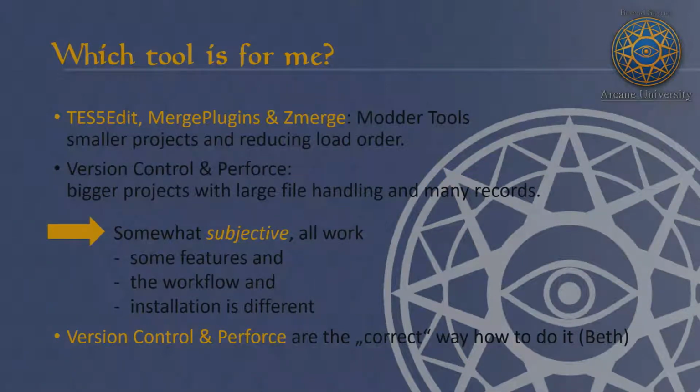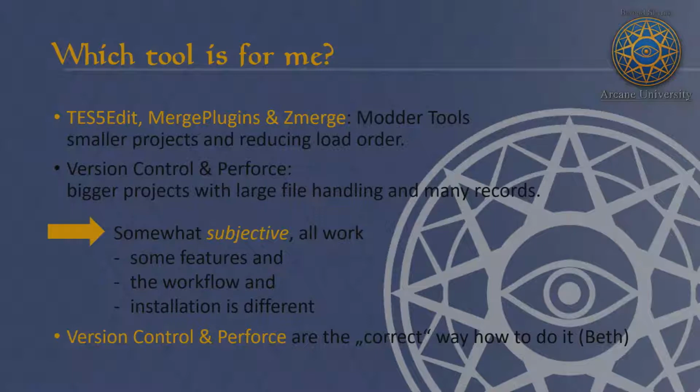Actually, I have to say again that TES5Edit and Merge Plugins and zMerge are modded tools and not done by Bethesda. So they are a bit smaller, but maybe also more down to specific tasks. And which tool to use, it's kind of subjective, but I have to say that, of course, most teams use version control and Perforce, the correct way, how Bethesda used it, especially with Special Edition.